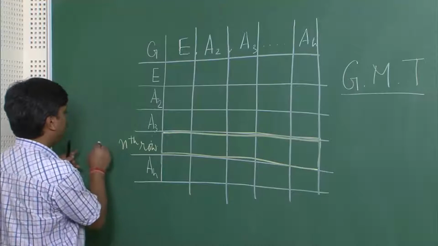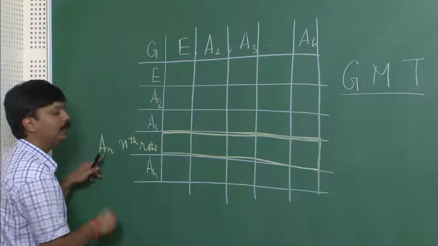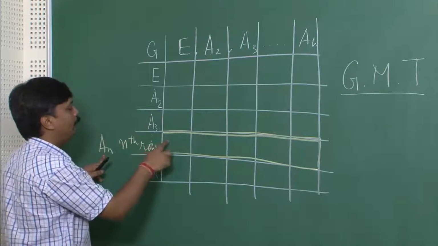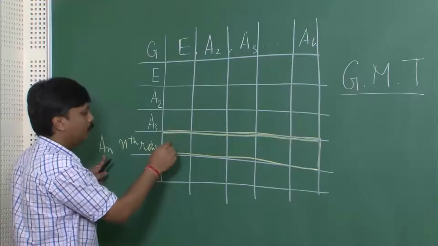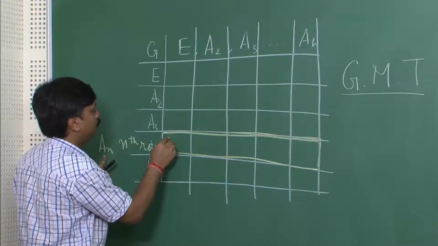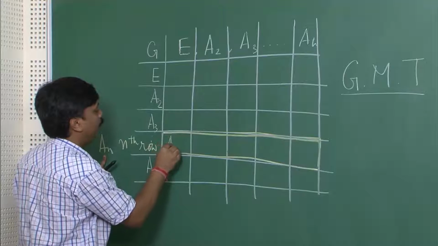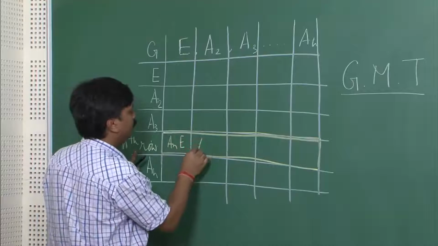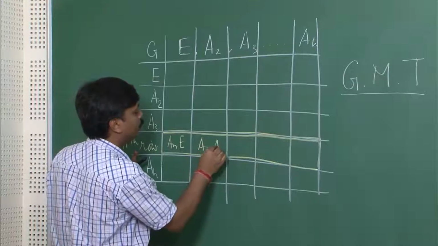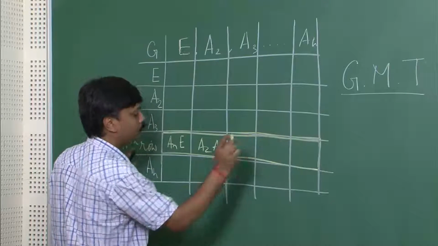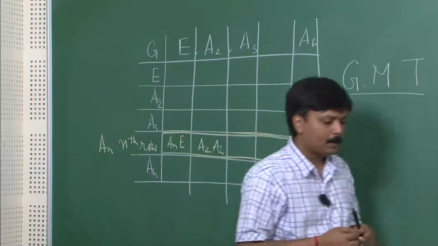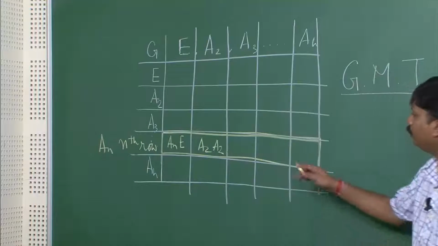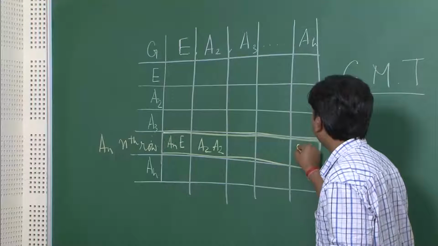Here I will have AN as the element. So it will have ANE. I will have ANE, then ANA2, and so on, up to say ANAH.